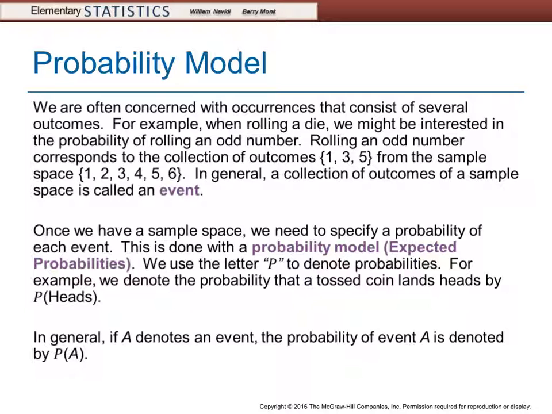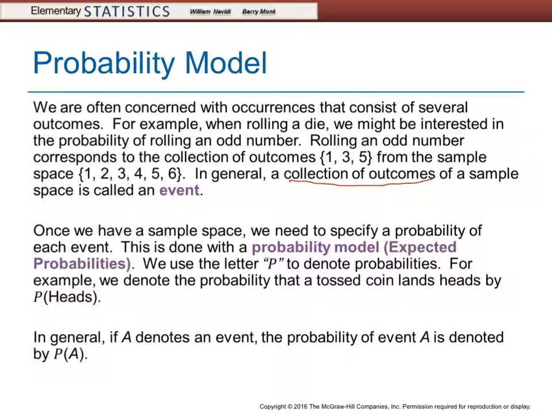Rolling an odd number corresponds to the collection of outcomes 1, 3, or 5. The sample space is 1 through 6, and the odd numbers come from this sample space. In general, a collection of outcomes of a sample space is called an event.